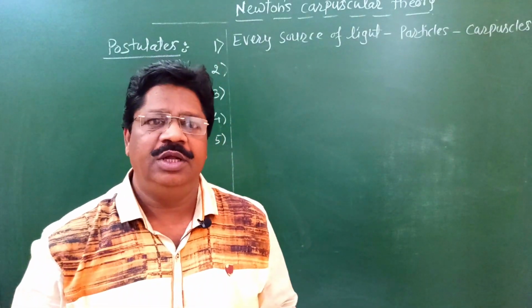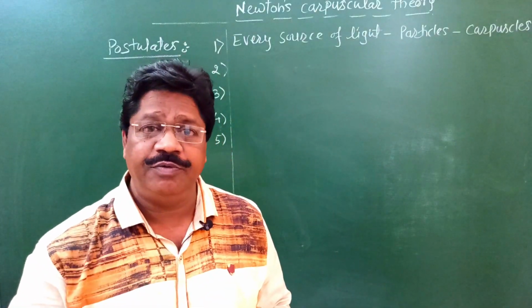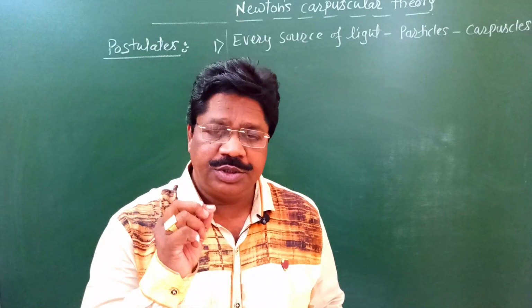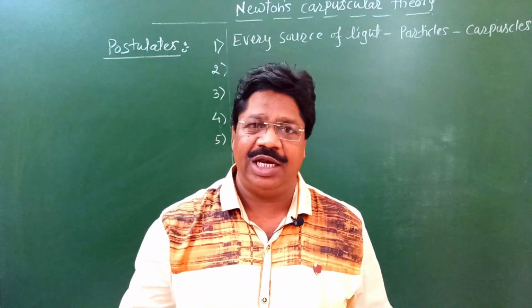Corpuscle is a Latin word. According to the theory, whenever light is emitted from the source, the source emits these particles, and these particles travel along a straight line path.